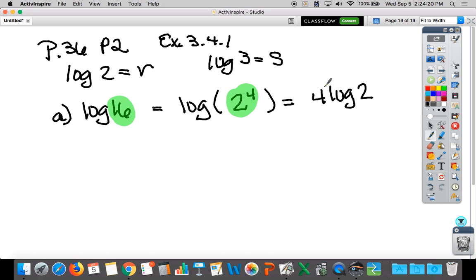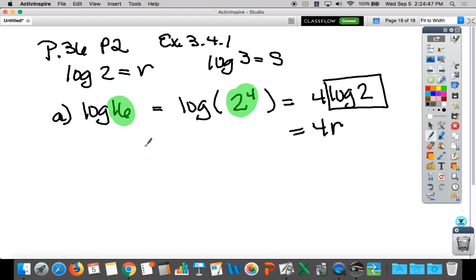Now, log 2 was defined for us in the instructions. Log 2 is what letter? So my final answer is 4R. It's not any harder than this except figuring out your combinations to get the number. And that's the trial and error part.